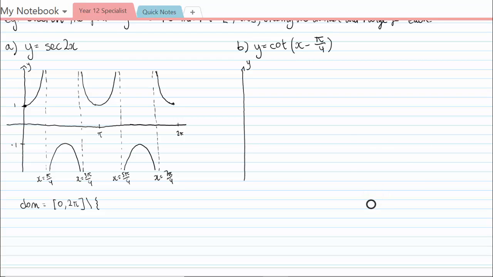Now it's odd multiples of pi on 4, so I'm going to make that 2n plus 1 pi on 4. No, I can't really say that, can I? Because that would only mean a couple of those values of n. So I'm just going to say excluding pi on 4, 3 pi on 4, 5 pi on 4, and 7 pi on 4.